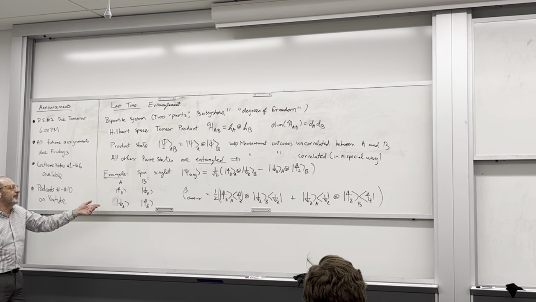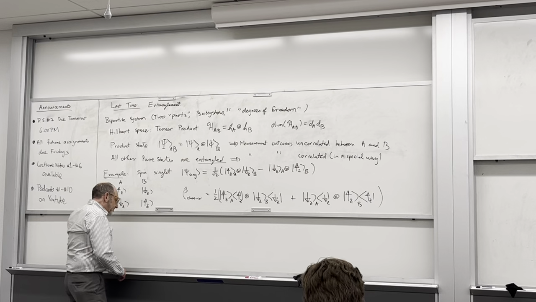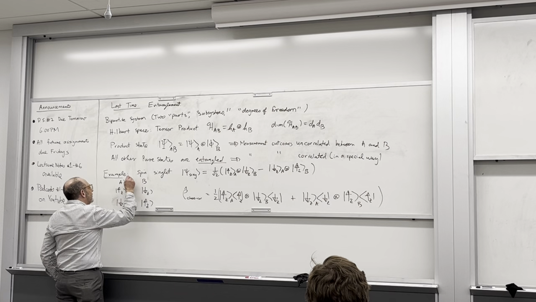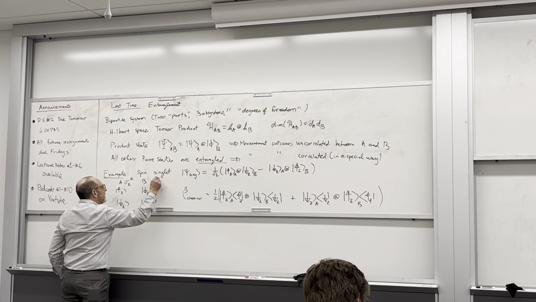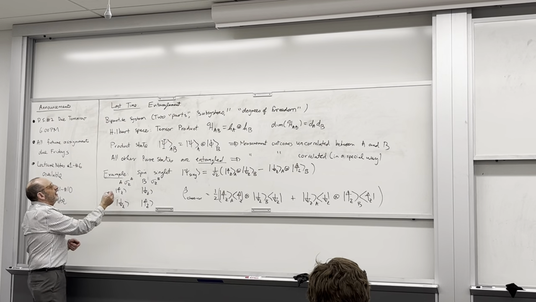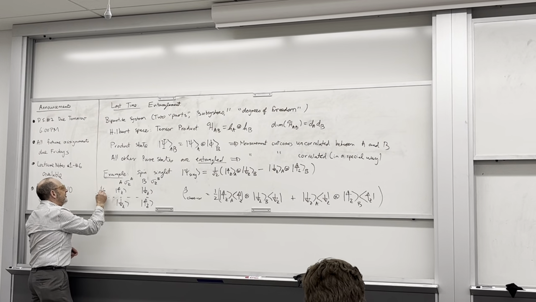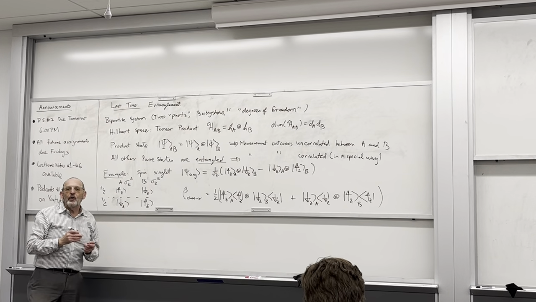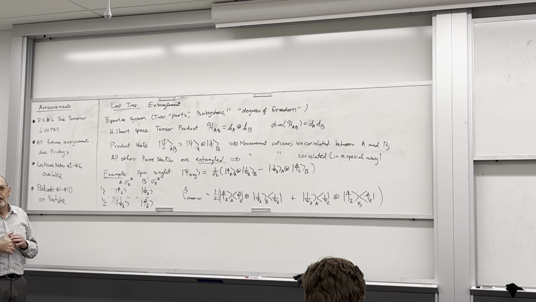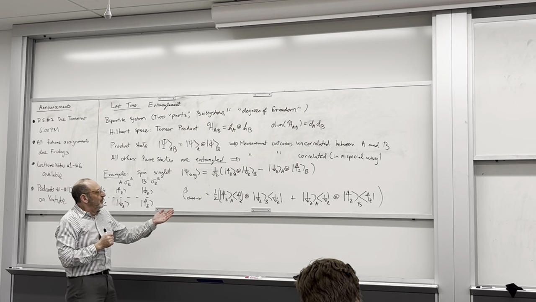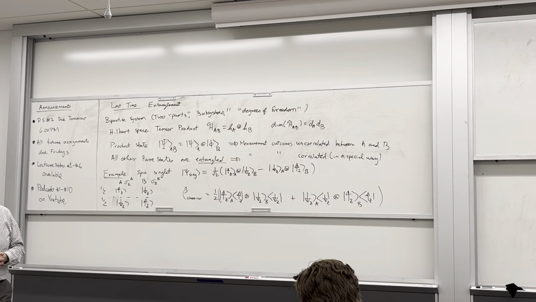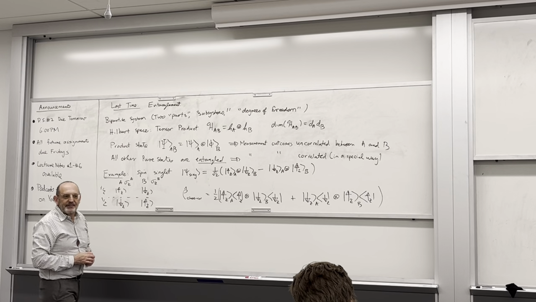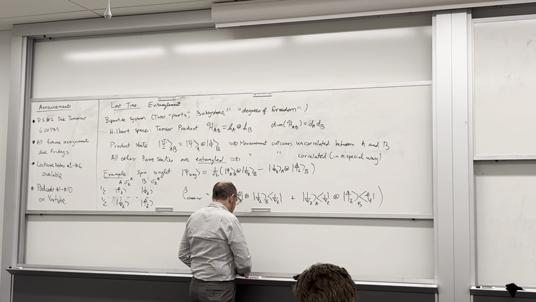For example, if we measured in the sigma z basis for A and the sigma z basis for B, then we get these possibilities 50% of the time. Either Alice will see up or down, and Bob will see the anti-correlated down or up. Now that's also true for this other state. This state will see exactly the same measurement statistics.